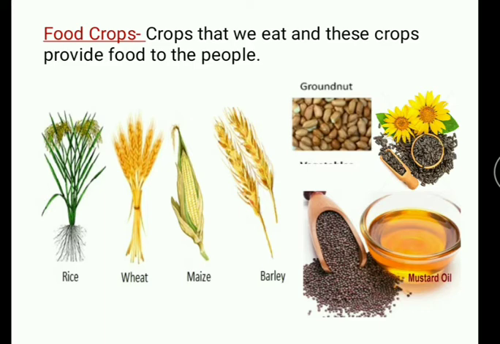The major rice producing states in India are West Bengal, Uttar Pradesh, Madhya Pradesh, Odisha and Bihar. Basmati rice is the most popular variety of Indian rice. So this was about rice.